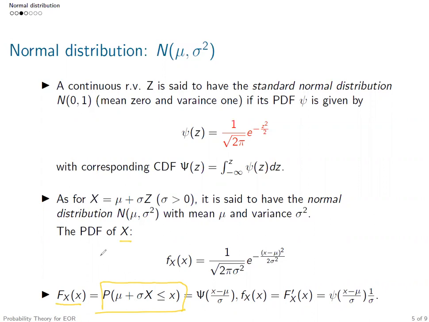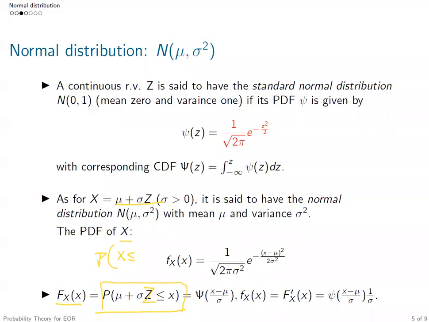Oh, this is a mistake, it should be the probability of mu plus sigma Z smaller or equal to x, which can then be rewritten as, if we move mu to the other side, the probability of Z smaller or equal to x minus mu, then divided by sigma on both sides.